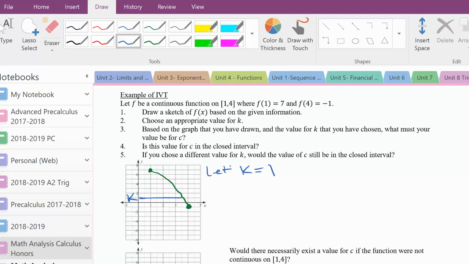All right, so if k equals 1, notice c here, the c value for k, the x value, c is equal to 3.5. And notice 3.5 is between 1 and 4.